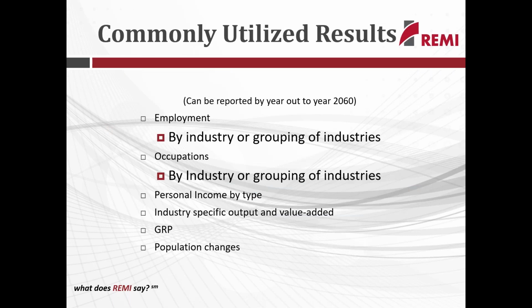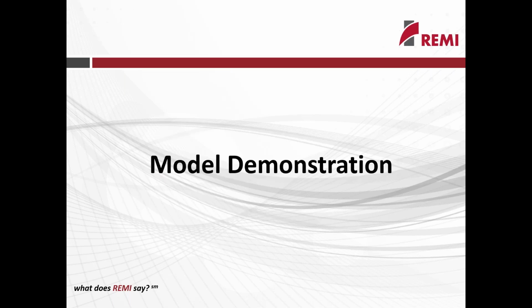And so common results outputs to look at in the model are such as employment or income or regional gross product, population, and so on. With that, I'll get on to the model demonstration of E3+.